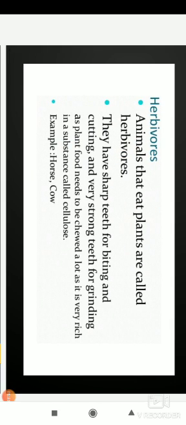Herbivores, as I said, are plant eating animals and they have very sharp teeth for biting and cutting. The strength of the teeth is very strong, children. As we have learnt about different teeth structures, by using their teeth they grind the food.